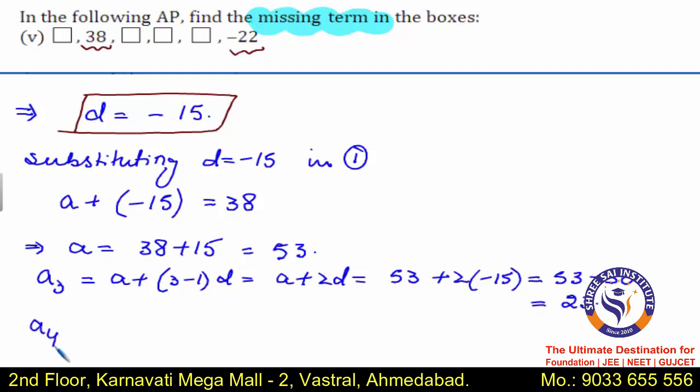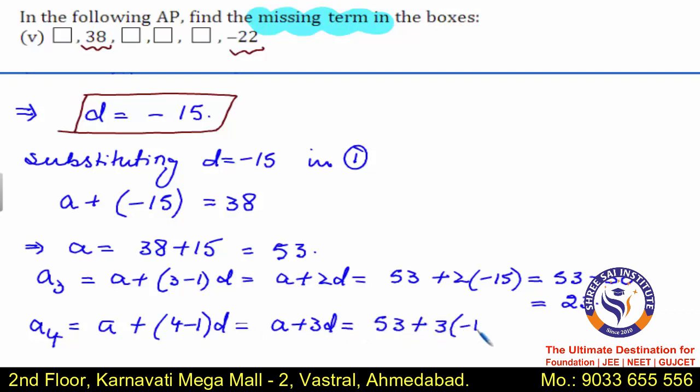Now let's find the fourth term. This is equal to a plus 4 minus 1 into d, that is a plus 3d. The value of a is 53 plus 3 times of minus 15, which is equal to 53 minus 45, and this is equal to 8.